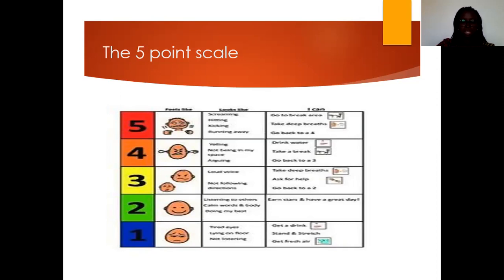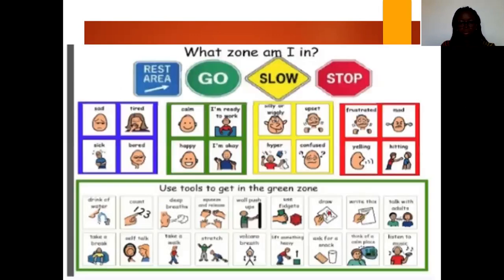So you have to teach the child, just like you're using the pictures or the AACs to teach the child. Here too, you have to teach the child to understand. These are things where the scale you are on, and then the activities you can do.